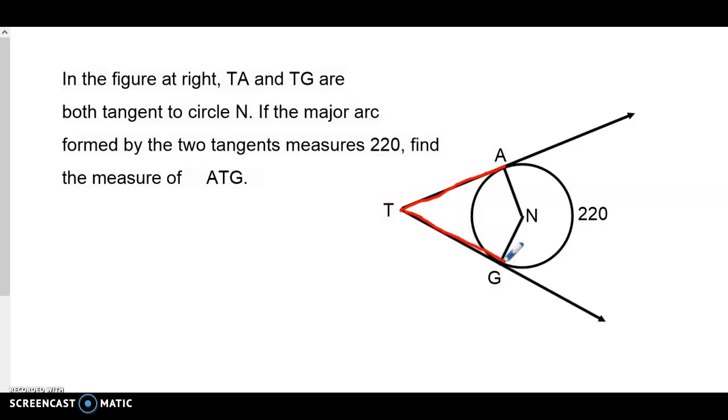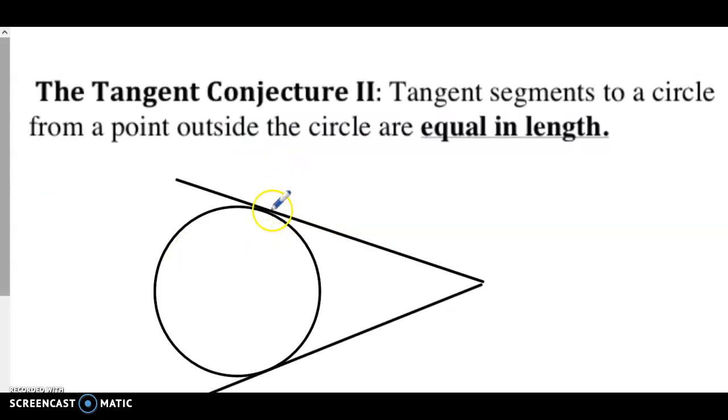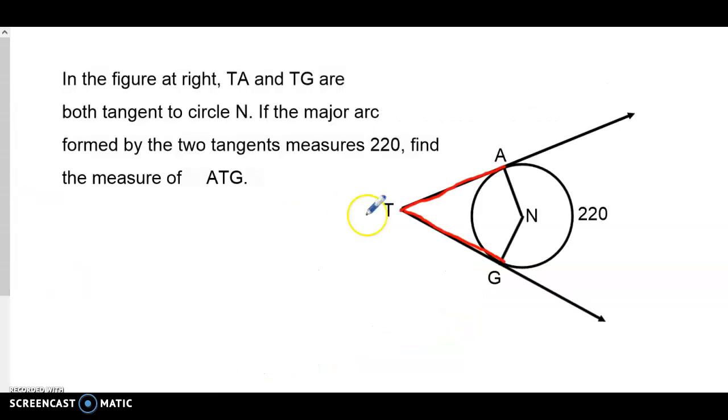Based on the conjectures we learned from the last video, conjecture 1 is that the radius is perpendicular to the tangent, and conjecture 2 is that this segment equals this segment. So we're going to use it here.